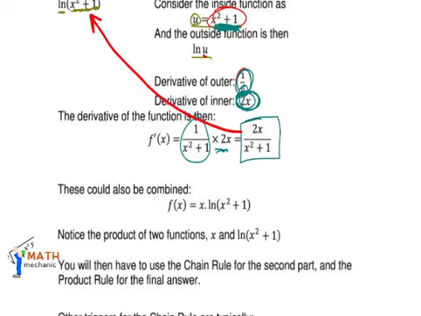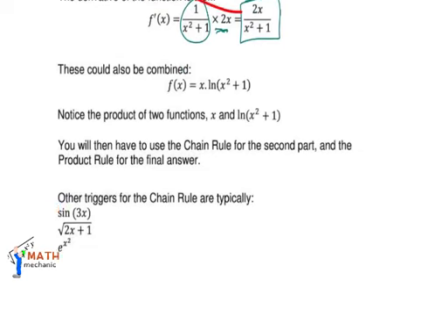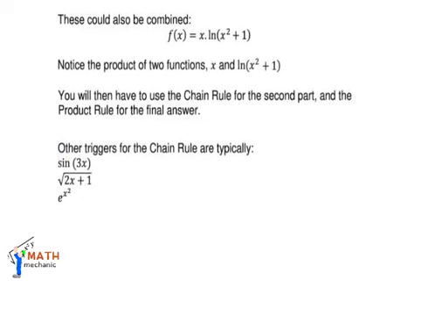Now these could also be combined, so we can also say that we get a function like that, where you now have x times the function we have just done, ln of x squared plus 1. So notice the product of these two functions. So now the product rule comes in and the chain rule comes in.